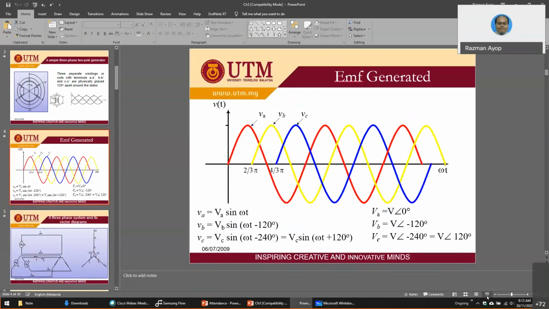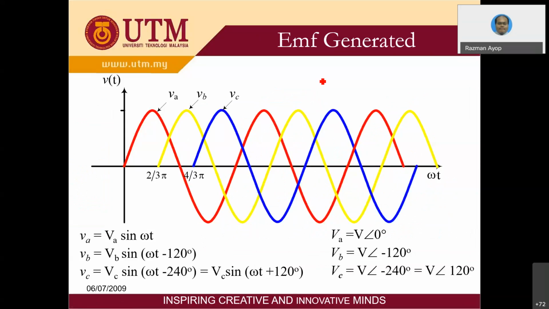So you need to know how to write this. VA is sine WT, and for VB, this one is sine WT minus 120. And VC is just sine WT minus 240, or you can use a positive angle. This is the same.